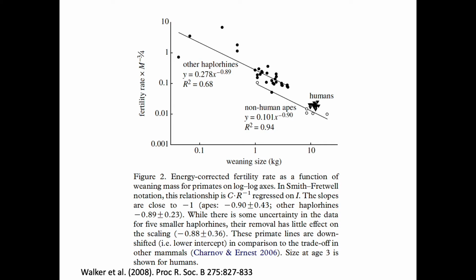That difference in the y-intercept is probably not due to the inherent nature of the size-number trade-off. That probably has to do with the fact that this line here is one phylogenetically related group of taxa, and this line here is another phylogenetically related group of taxa.